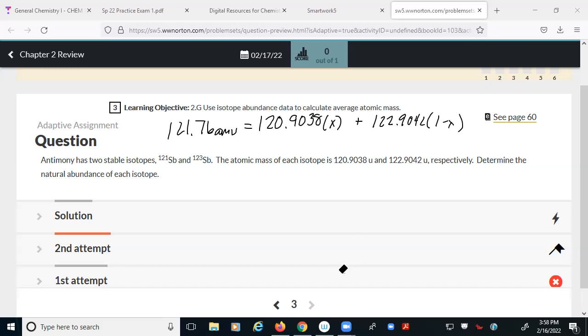Now I have a simple algebra equation solving for x, where x is the abundance of antimony 121. Then I can logically deduce what the abundance of 123 would be based on what 121 is.